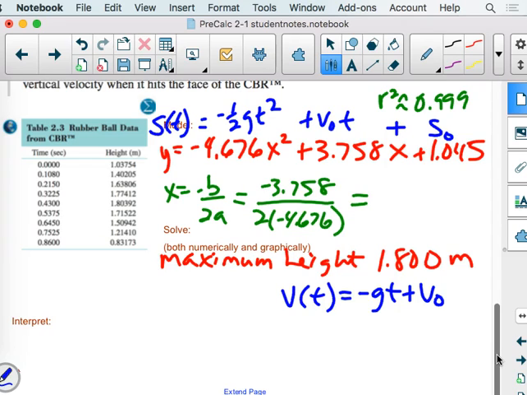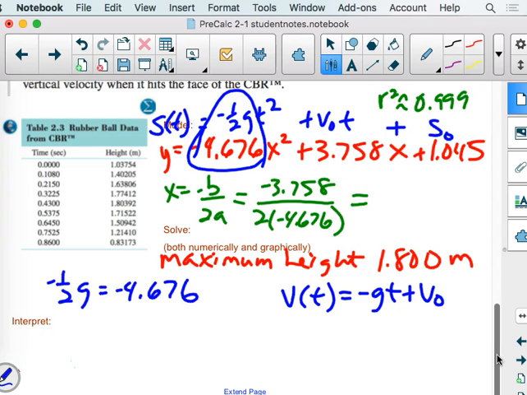Because if this is the squared, to get g, I know negative 1/2 g has to equal this number. This variable and this variable, it doesn't match. It doesn't matter that one is a t and one is an x. They don't have to match. But this has to give me that negative 1/2 g. And we can solve that pretty quickly and easily just by multiplying both sides by negative 2. We can get g.